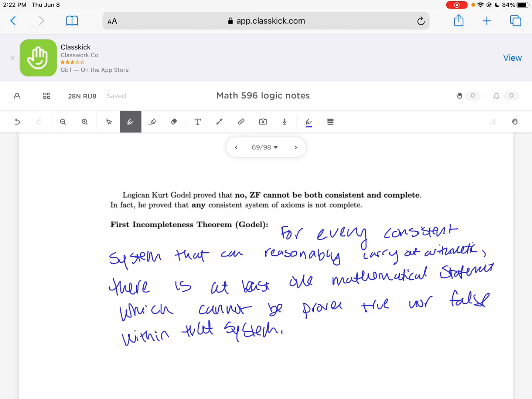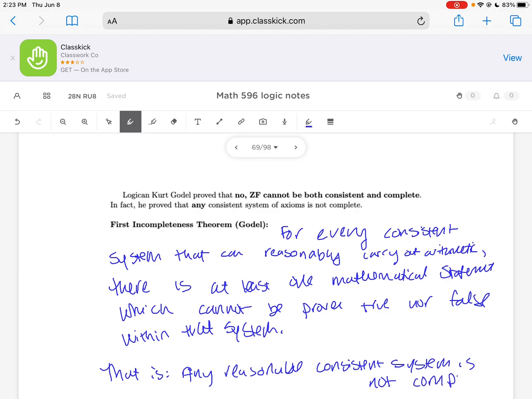A shorthand way of saying that is that any reasonable, consistent system is not complete. By reasonable, I mean useful to us, in that we can use it to compute math the way that we understand it to be true. So any reasonable, consistent system of axioms is not complete. There's going to be some statement which you cannot prove and which you cannot disprove.